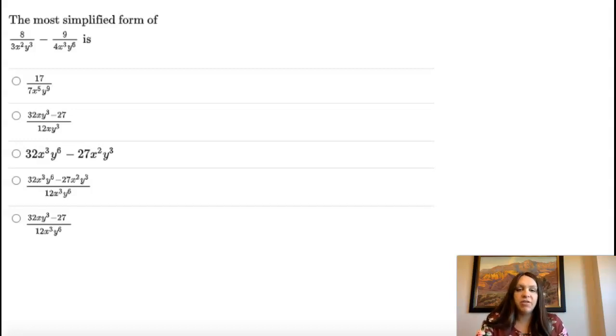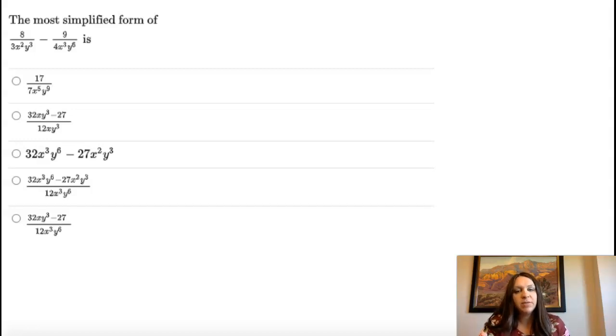So now I have 32 over 12 x squared y cubed minus 9 times 3, 27, over 12 x to the third y to the sixth.